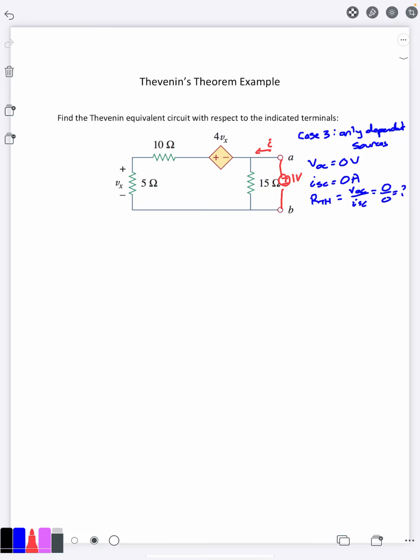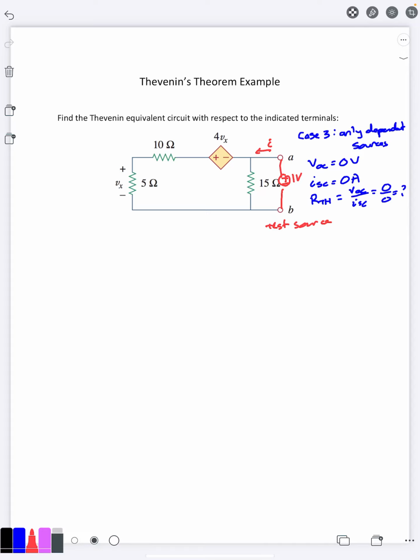So we put in what's called a test source, and you are free to put in a test source that's a voltage source or a current source. You are free to choose whatever value you want, because you're just trying to find the ratio of voltage to current for resistance. Twice the voltage would have twice the current anyway.